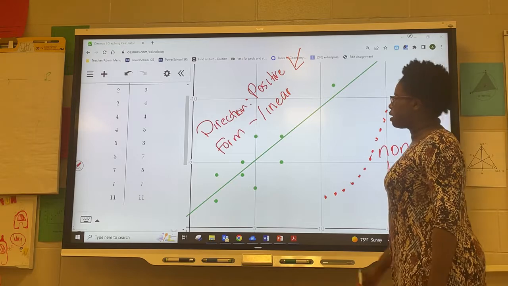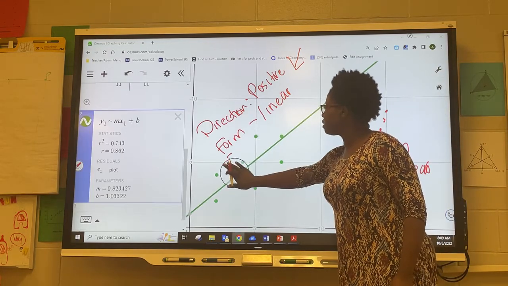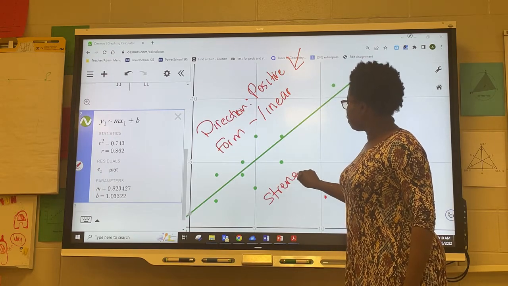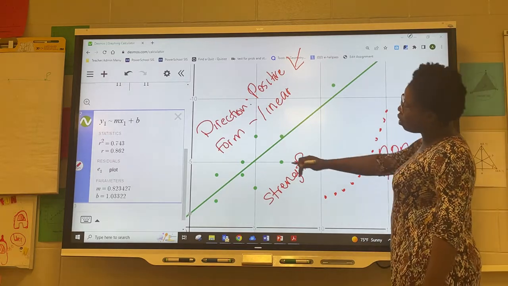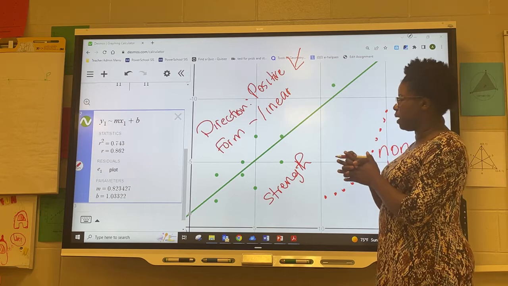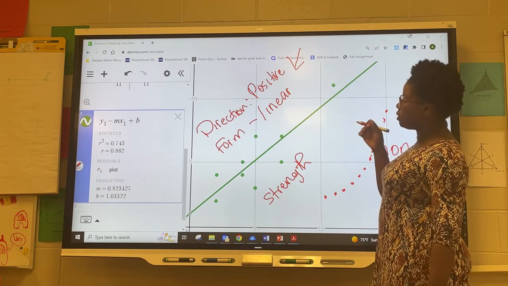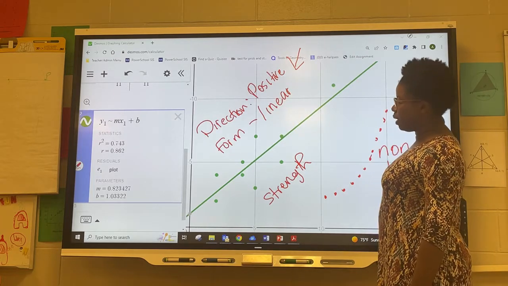The next thing we'll talk about is the strength. So for the strength, let's erase that and put it at the bottom and talk about it together. For the strength, you look to see how close the dots are to the line. Are they very close, to make it strong? Are they relatively close, to make it moderate? Or are they very far apart, to make it weak?